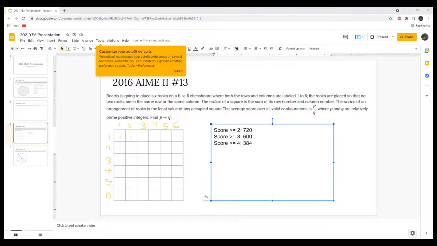Well, because Alex asked the question, why did I put rooks on 3, 1, 1, 3 in the scores greater than or equal to 4 case? So let's just look at that again. We know there must be a rook in row 1, and we know there must be a rook in column 1.